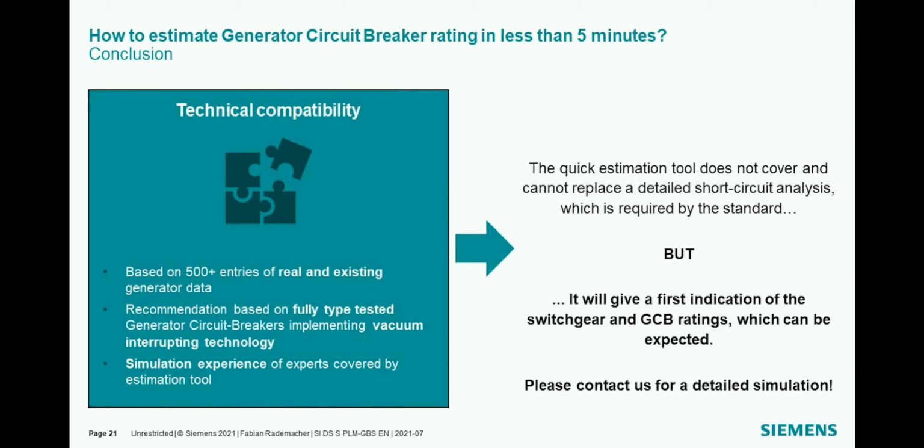What I have to say is that this quick estimation tool does not cover and does not replace the required short circuit analysis, which is required by the standard. But as we are only talking about the indication phase where the input parameters are not clear, we can give you a first expectation of which GCB and switchgear ratings will be expected.